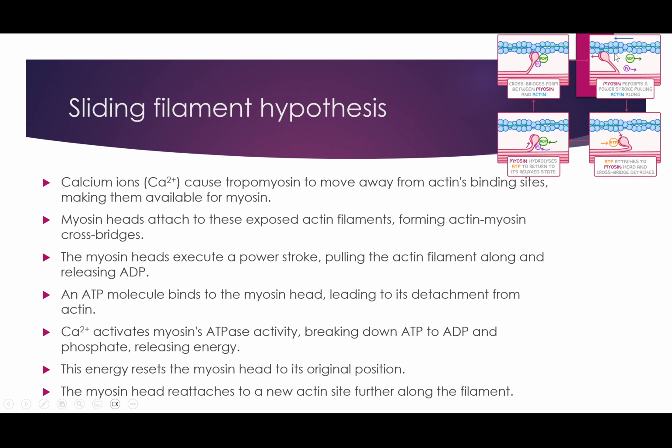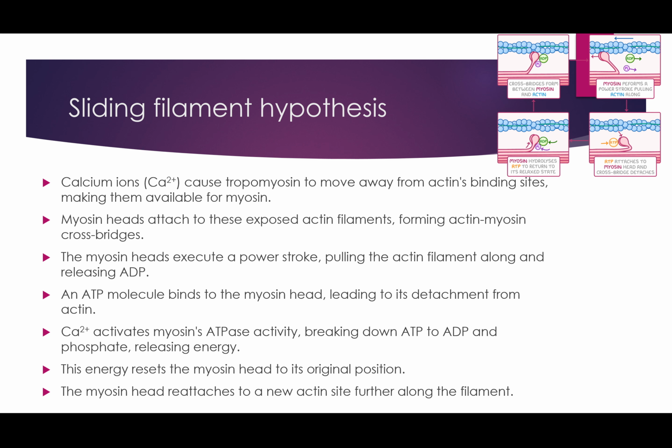The head tilts and called a power stroke. It tilts and pulls the actin over it. And at this point, ADP and Pi is released from the head. Then an ATP molecule binds to the myosin head, and this causes the myosin head to detach from the binding site on the actin.